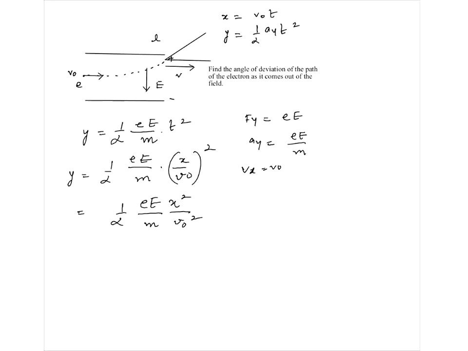And what will be Vy there? Suppose I know Vy there, then I can tell that tan theta will be Vy by Vx. So I should try to find out Vy. Vx is already known. Vx won't change, right? The x direction motion has nothing to do with the y direction force. So Vx will be equal to v naught all the time.